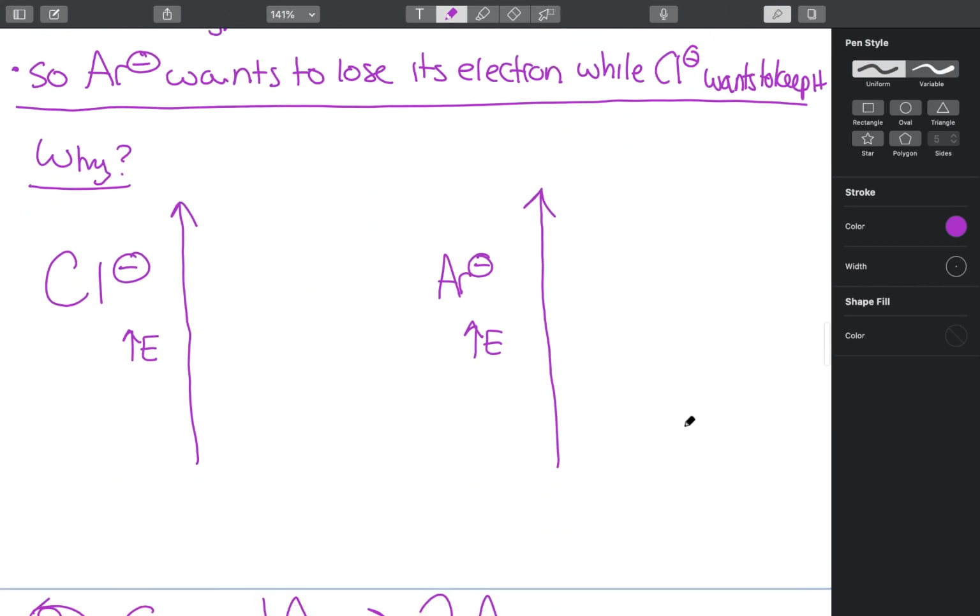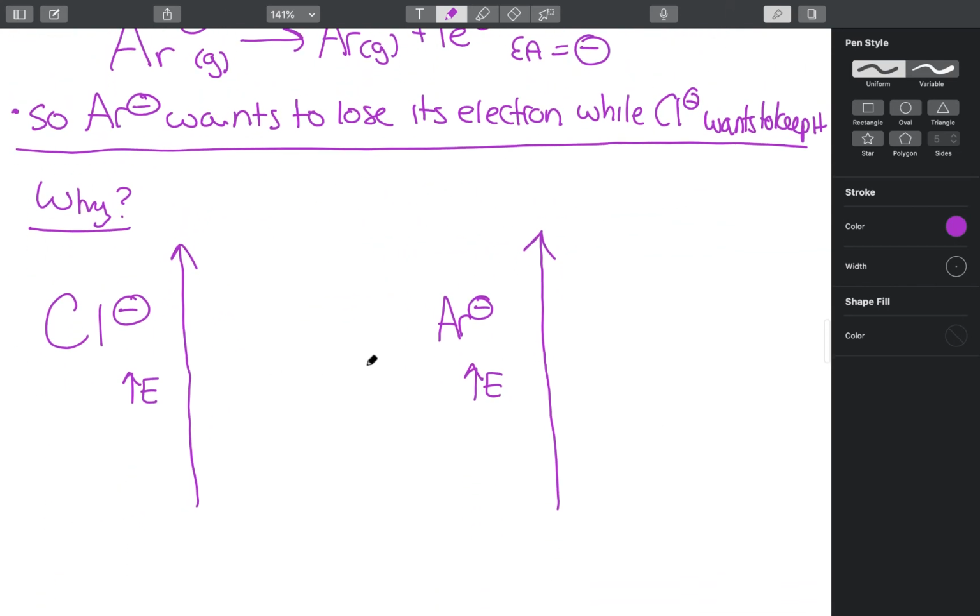Well, in order to do this, let's actually write an orbital diagram. Let's draw the orbital diagram for the chloride ion and the argon anion. So let's draw our orbitals. We start off with our 1s, and we have 2 electrons there. 2s, 2 electrons there.